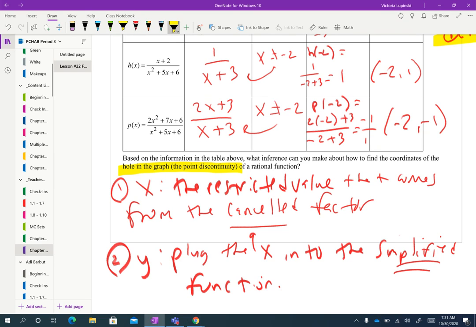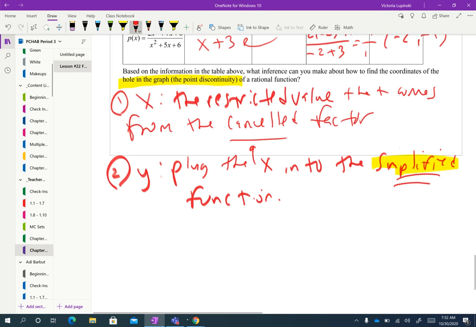And emphasis here on the fact that you have to plug it into the simplified version, because if you don't, you're going to get 0 over 0, and that's not going to help you one single bit. So again, I probably could have done this lesson with half the examples in half the time, but I really see no downside to just trying to drill into you exactly what the different kinds of discontinuities are and how to specifically find them.